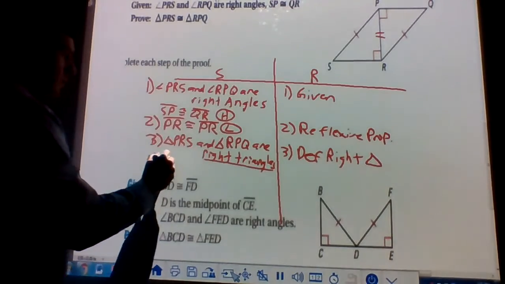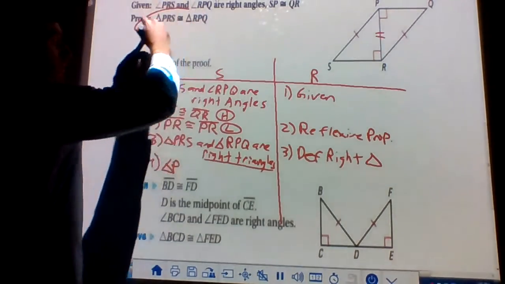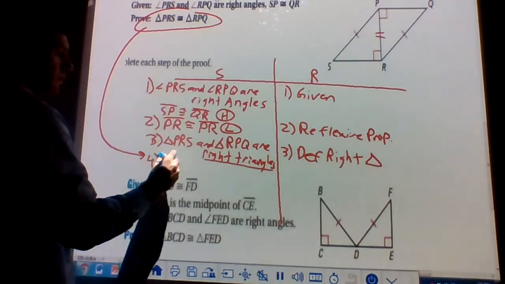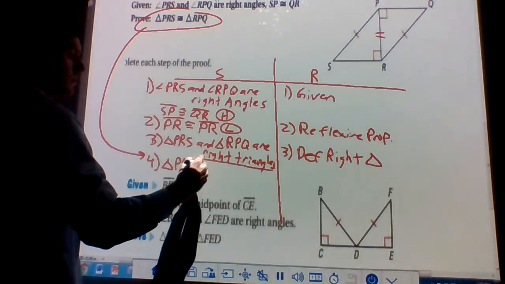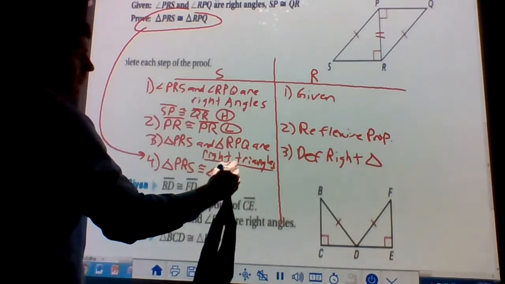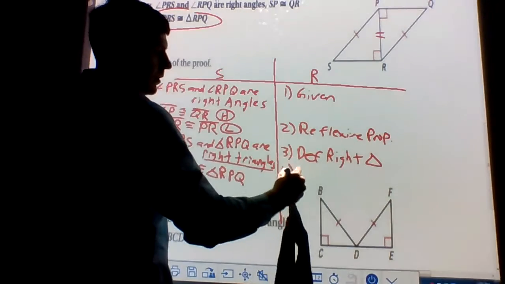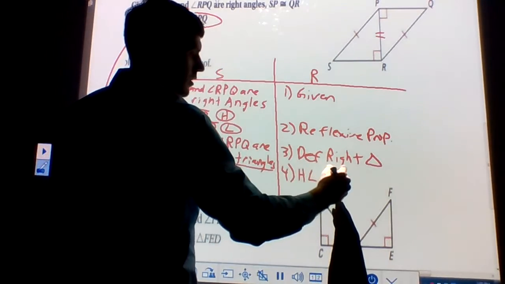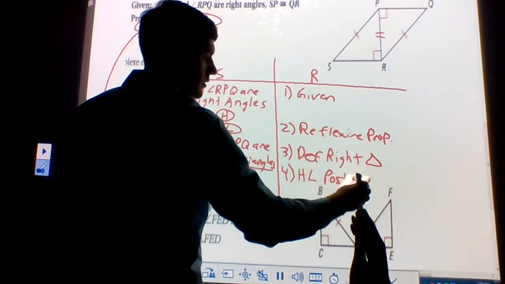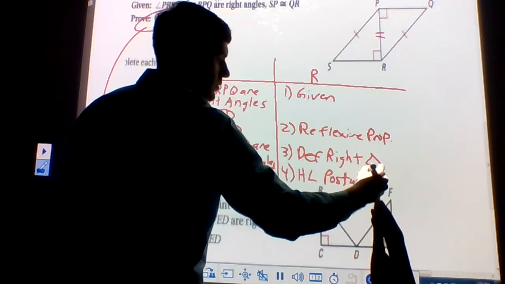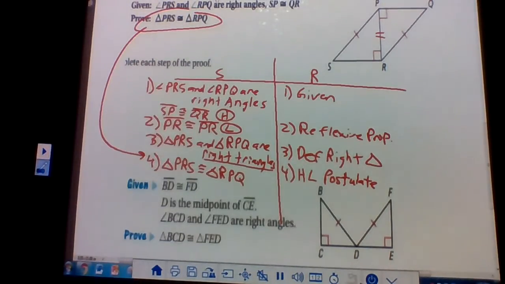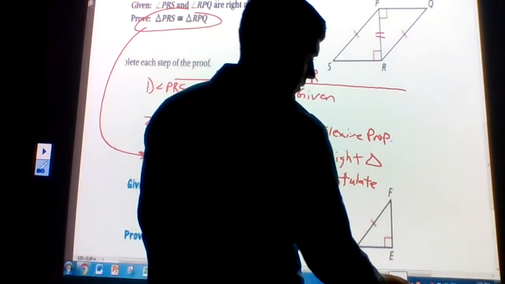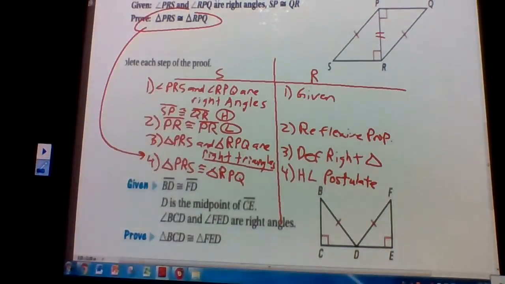So we can say that triangle PRS is congruent to triangle RPQ by the hypotenuse leg theorem or postulate, depending on which, really ultimately an exercise of semantics. Let's go to the next one.